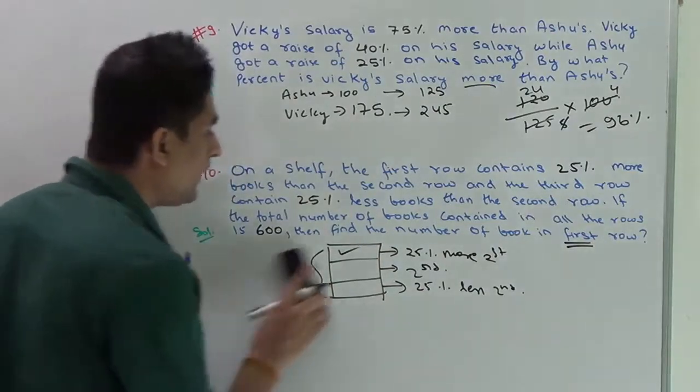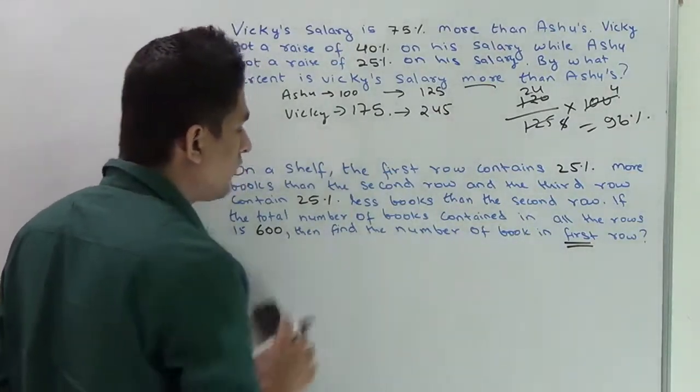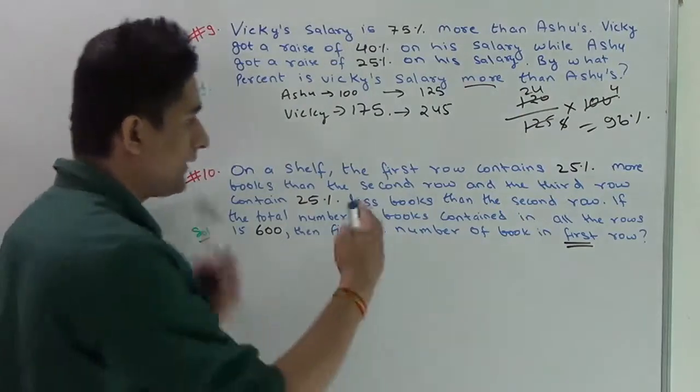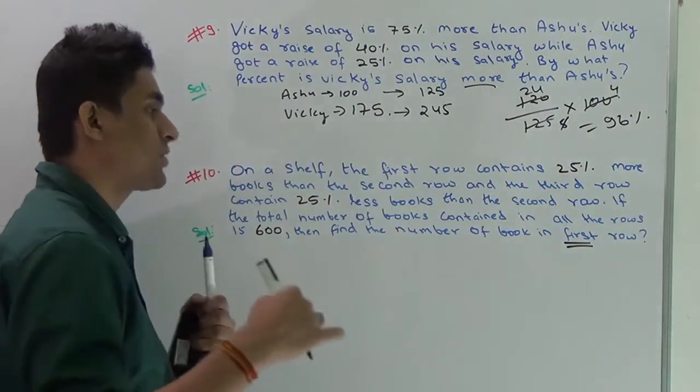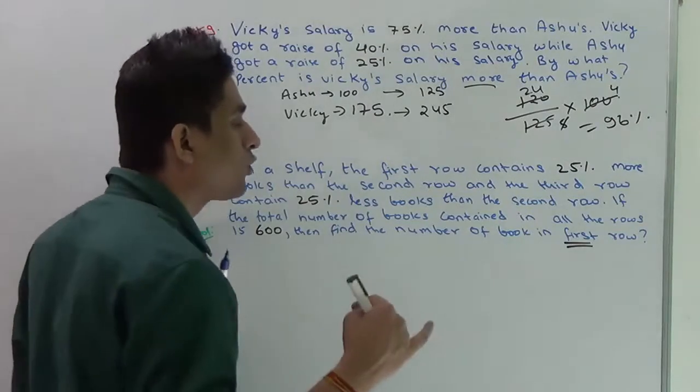Now let me explain why we cannot assume the number of books to be 100. We have to proceed by assuming the number of books in any one row to be x.